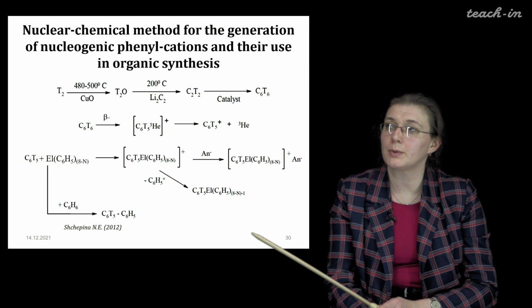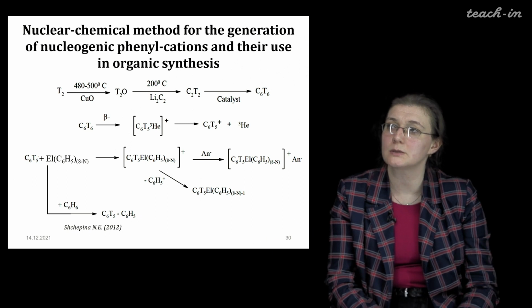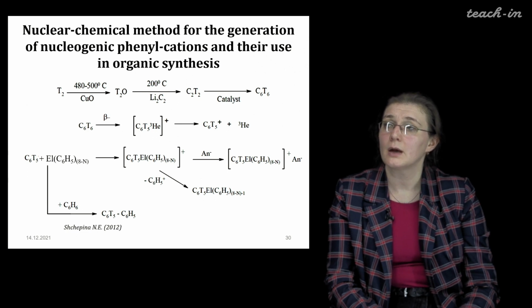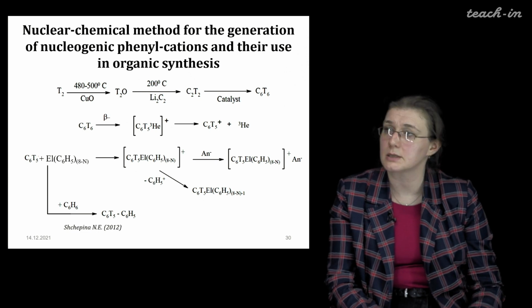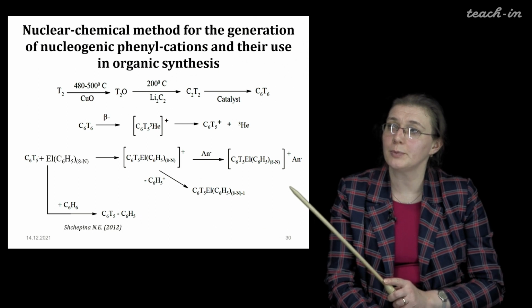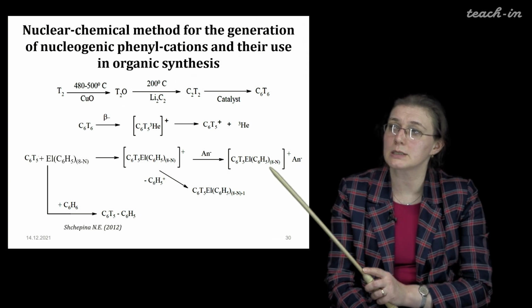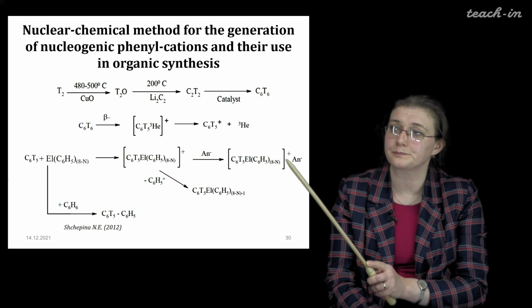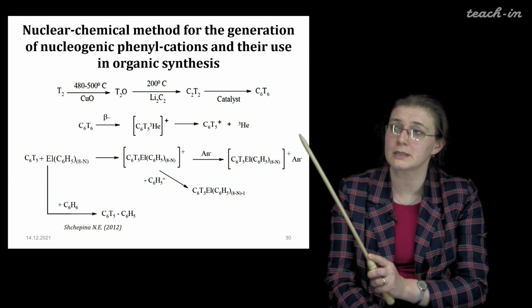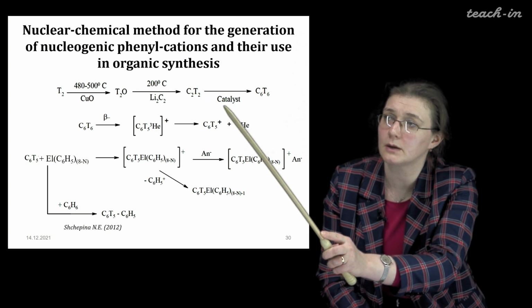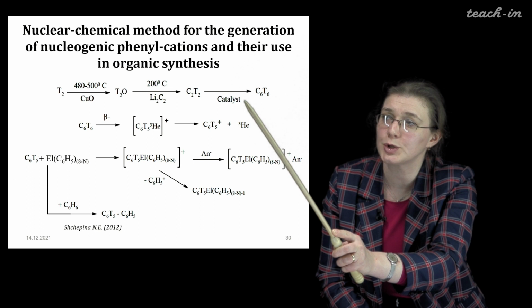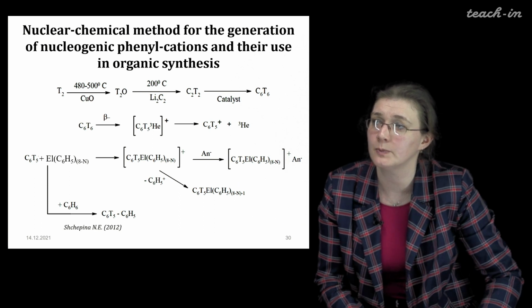Here is an example of nuclear chemical methods of generation of nucleogenic phenyl cations, and they are used in ordinary organic synthesis. On the first step, tritium is introduced into the benzene, and we obtain benzene which is labeled with tritium.